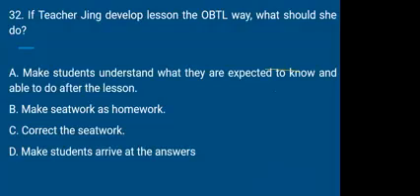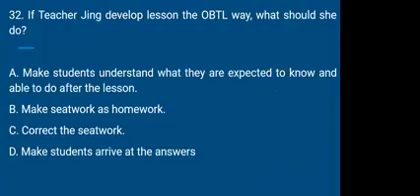Okay. Number 32, if Teacher Jing developed lesson, the outcome-based teaching and learning way, what should she do? Again, this number 32 question is connected with number 31. If Teacher Jing developed lesson, the OBTL way, what should she do?